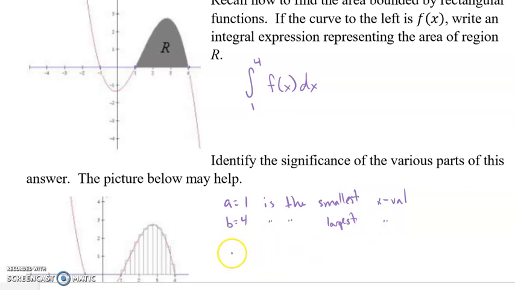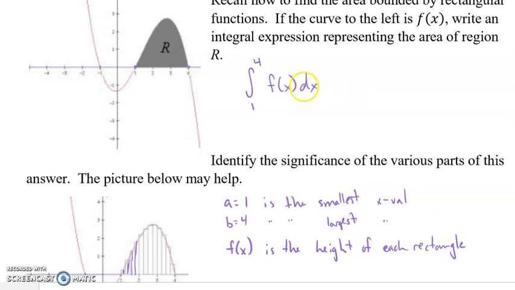The expression f of x changes, right? That's going to be this vertical distance, and then this vertical distance, and then this vertical distance, and then this vertical distance. It changes with x, right? F of x represents the height of each rectangle.